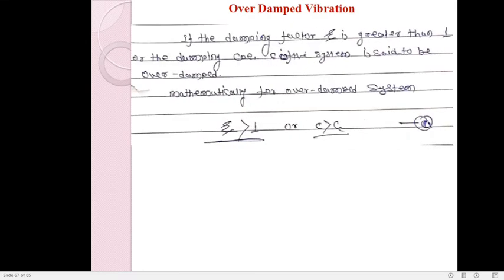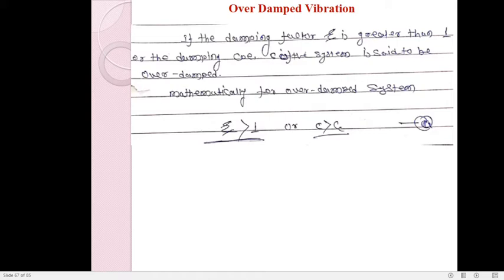As per the definition, overdamped vibration can be explained as follows: if the damping factor zeta or xi is greater than 1, or the damping coefficient C is greater than Cc, that is the critical damping coefficient of the system, then the system is said to be overdamped.